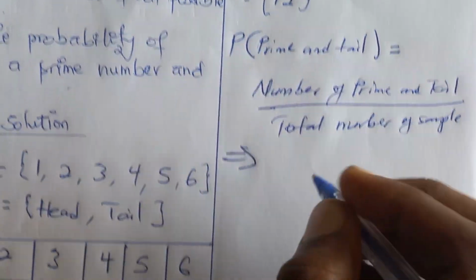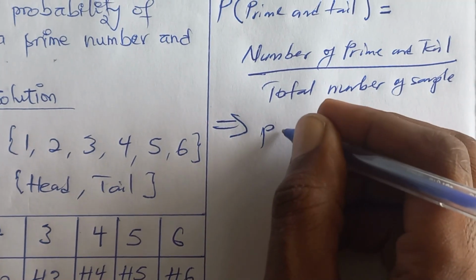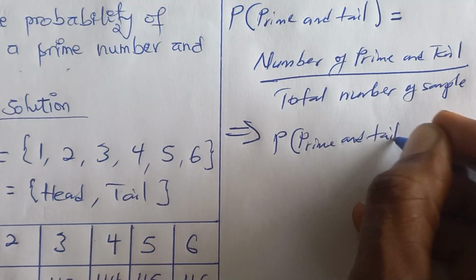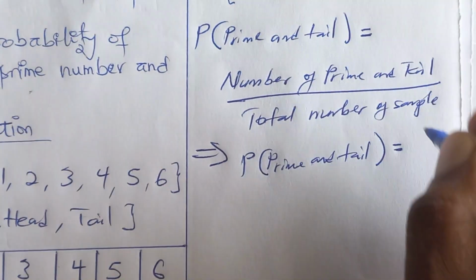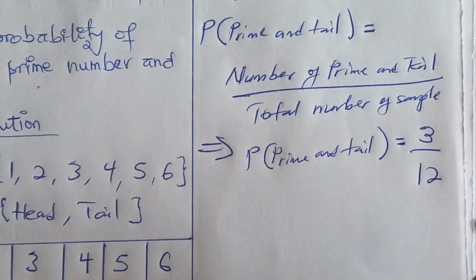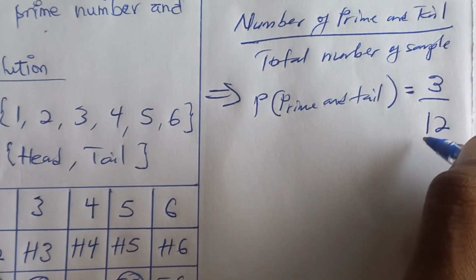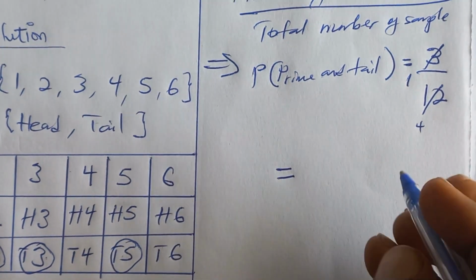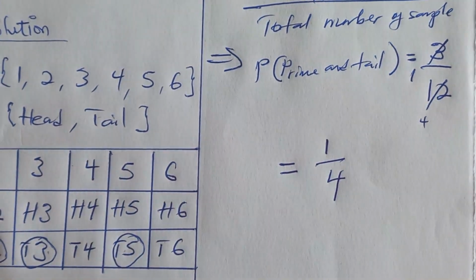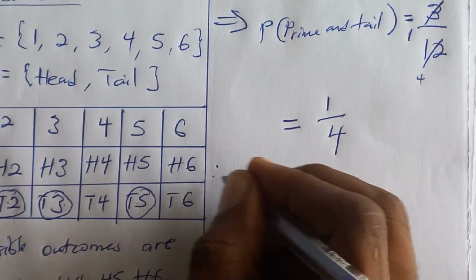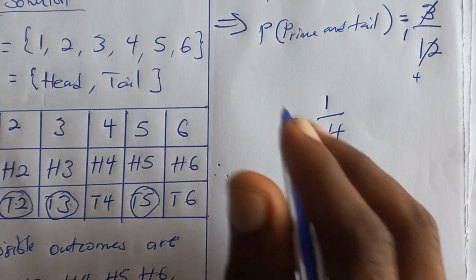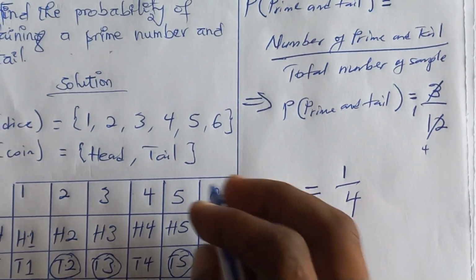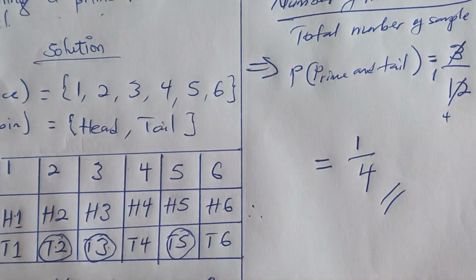So this will give us P of prime and tail is equal to 3 on 12. So this 3 on 12, 3 goes into itself 1, and it goes into 12 4 times. So we are going to get 1 on 4. Therefore, the probability of obtaining a prime number and a tail is 1 on 4.